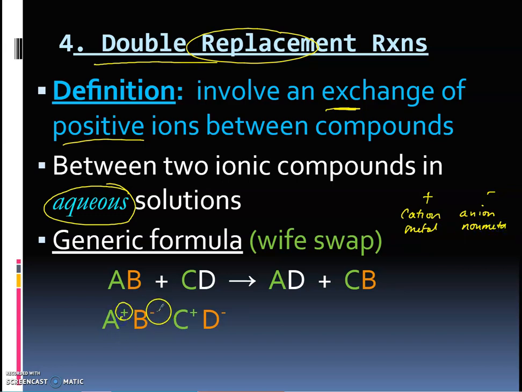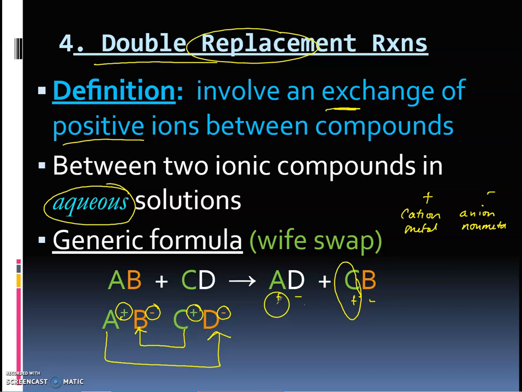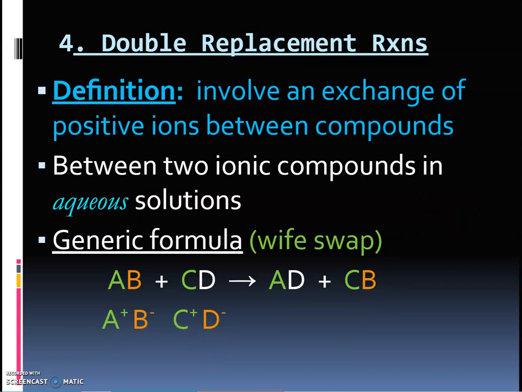So if it's A plus and B minus and C plus and D minus, basically A and D get together, plus minus, and C and B get together. And make sure you see that clearly, because C has to be a positive charge there, okay?